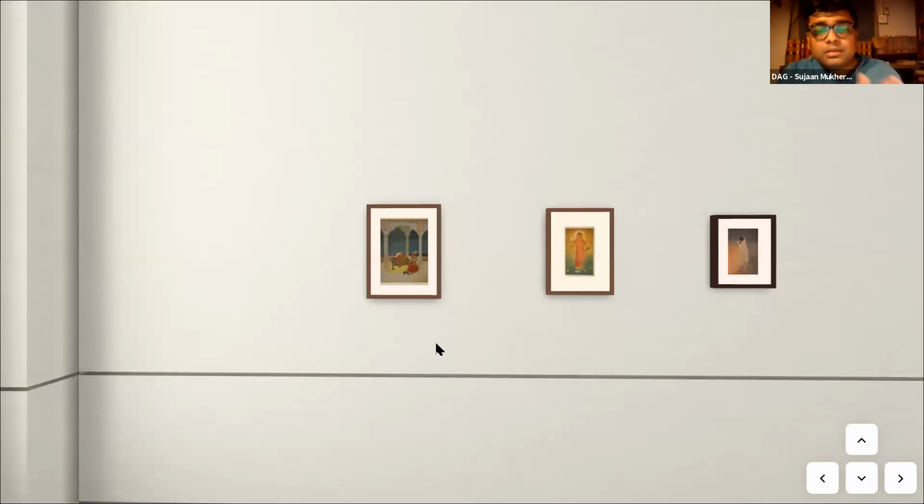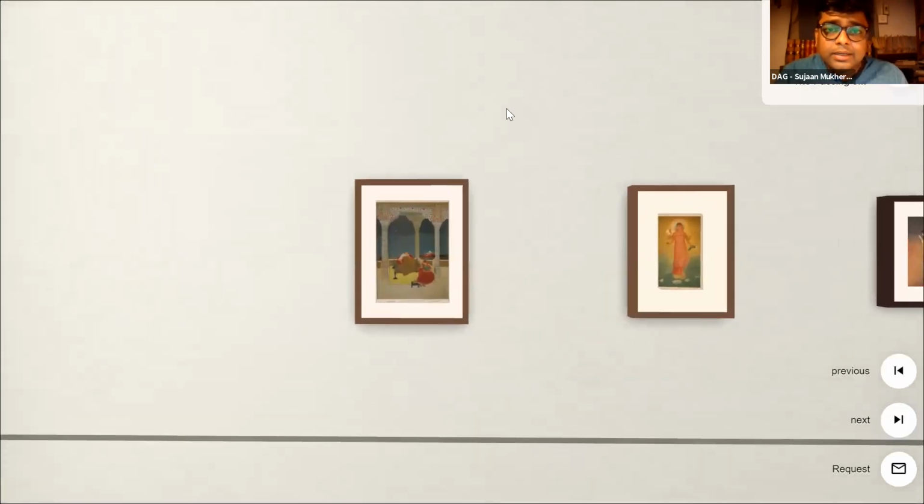There are other modernist trajectories in different parts of India, but within Bengal, this is one of the important breaks that happens with this colonial pedagogy in painting. And this is around the early 20th century.